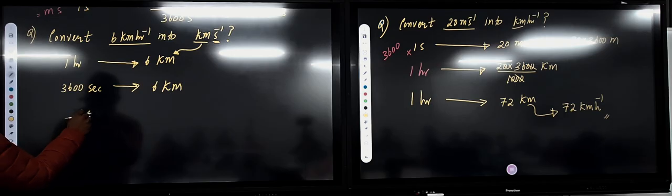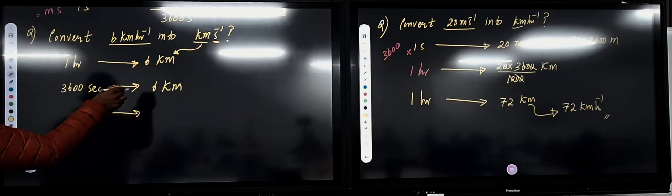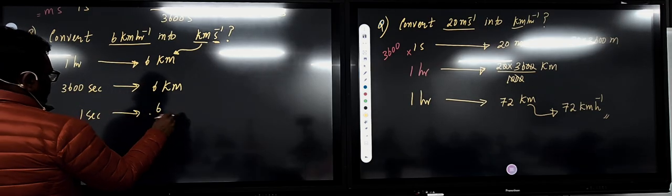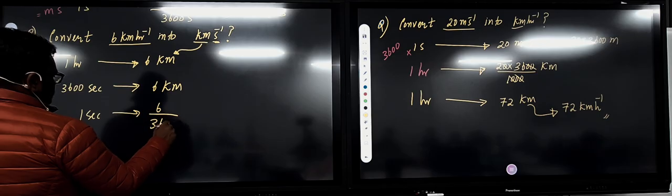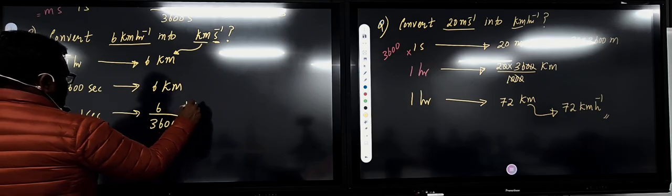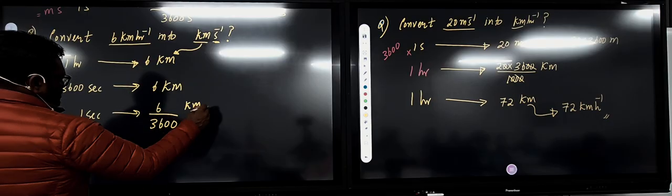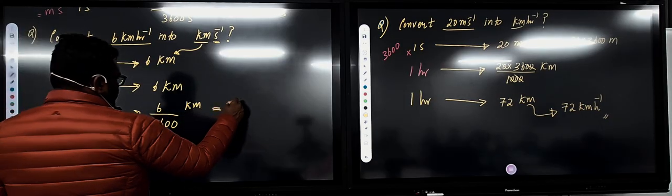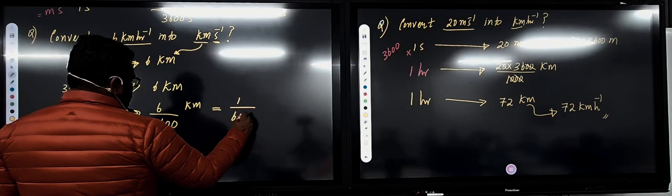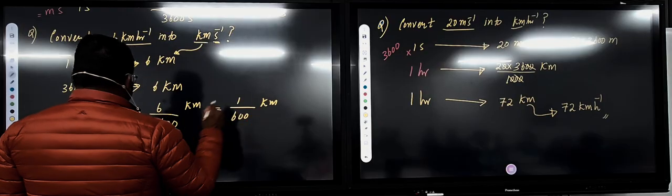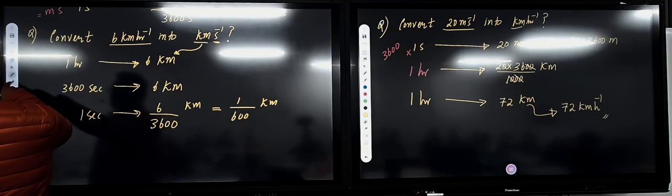So now in 1 sec, we divide both sides by 3,600. So 6 divided by 3,600. So you get kilometers here, right? So now you can get this answer to be 1 divided by 600 kilometers.